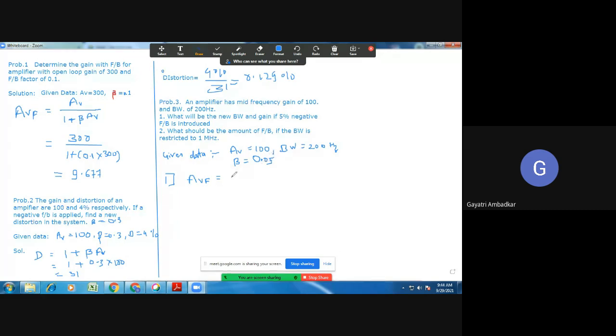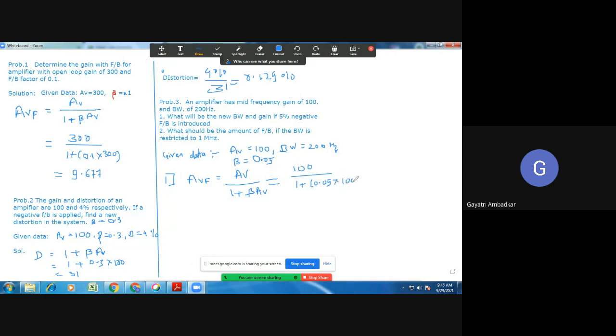So what will be your equation for new gain? It will be AV upon 1 plus A beta, AV into beta or beta into AV. So what is AV? 100 divided by 1 plus beta, 0.05, into gain, 100.